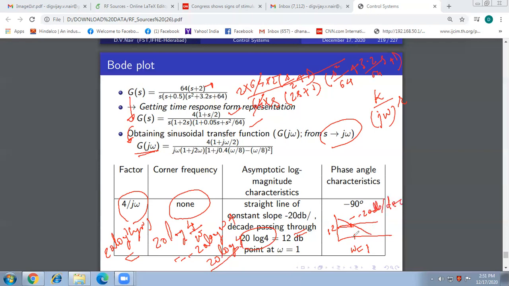This is the individual plot for the term 4 by j omega. So I hope you understand, right? Remember this straight line that passes through 12 dB at omega equal to 1 with a slope of minus 20 dB per decade. This is the asymptotic plot for the term 4 by j omega.